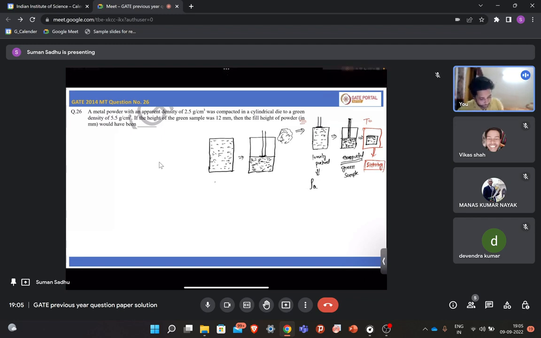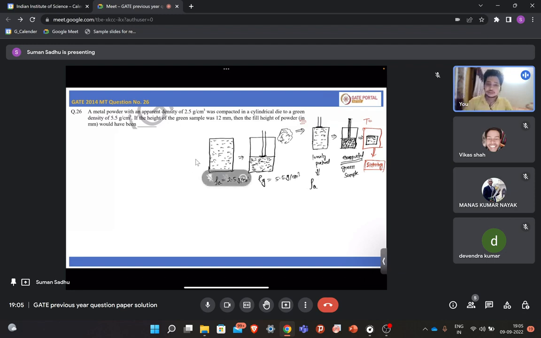So there, this is rho A, this is rho G. Rho G means green sample, density of this green sample after compaction. So this is known as green density. So in this question, rho A is given, that is 2.5 gram per cm cube. Rho G is also given, 5.5 gram per cm cube.